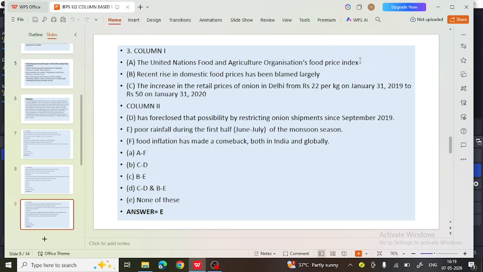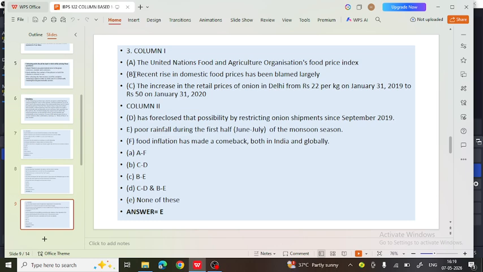We are talking about the United Nations Food and Agriculture Organization's food price index. So poor rainfall during the first half of the monsoon, no pair. Then food inflation has made a comeback both in India and globally. So A is not able to have any kind of pair with these three options.